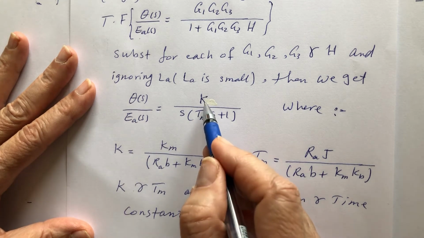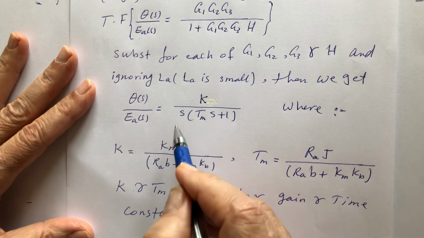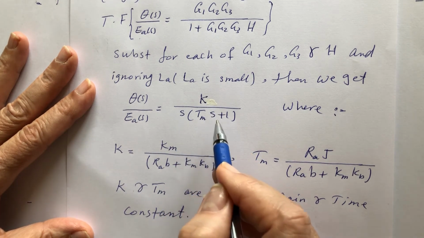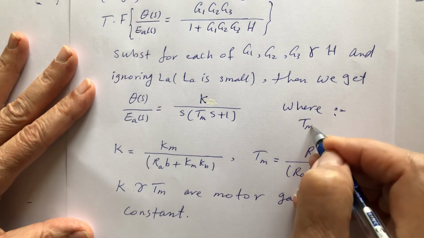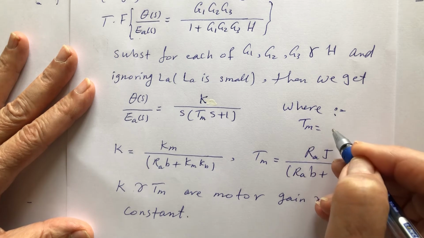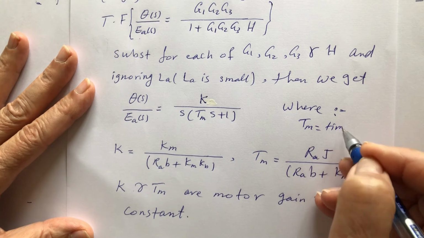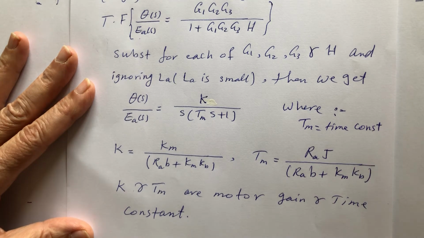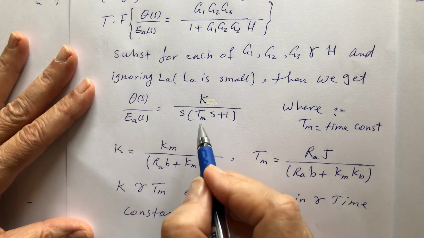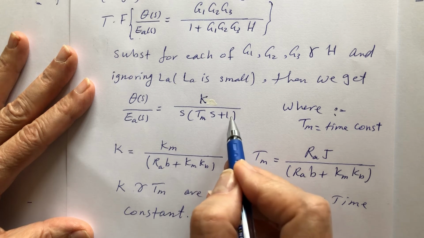It equals K, a constant or a gain, over S times (Tm S plus 1), where Tm is the time constant. Sometimes they put it as K over S plus alpha, and alpha is 1 over Tm.